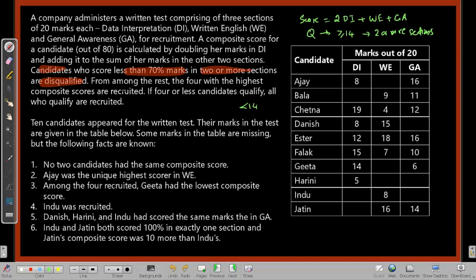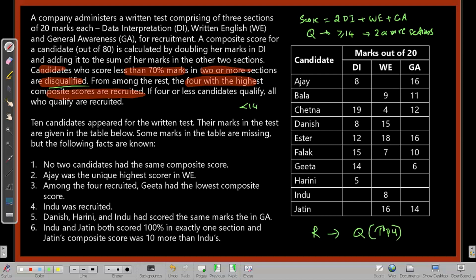And then from among the rest, which means among those who are qualified, the 4 with the highest composite scores are recruited. Now there is a recruitment that is also happening, from those who are qualified. You're looking at the top 4.